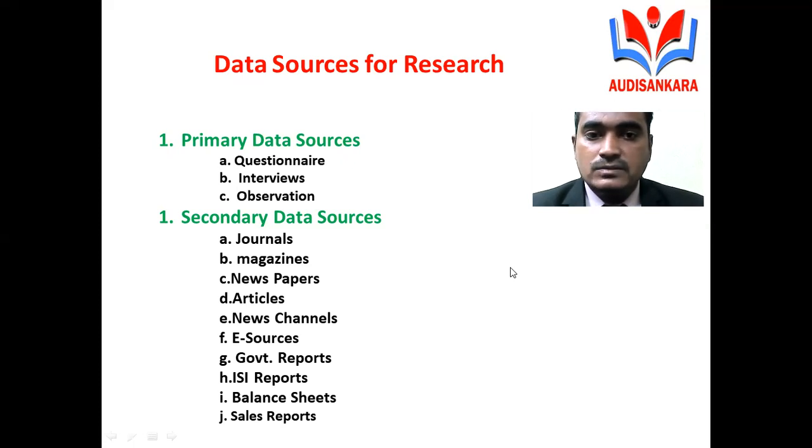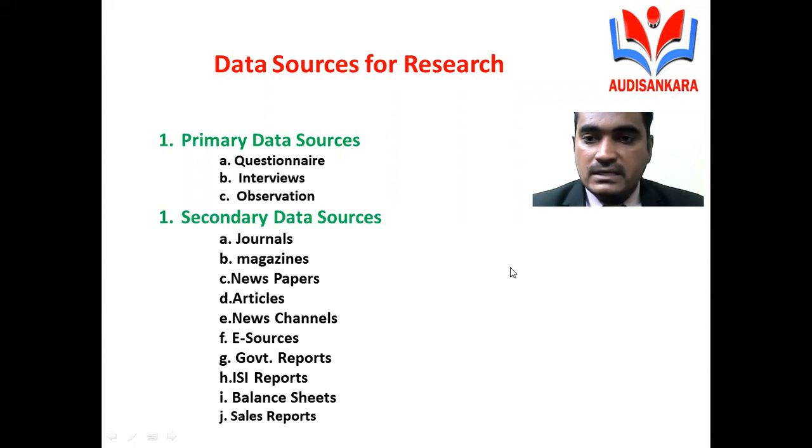A primary data source is a source where a researcher will collect the data with his own efforts. We call it a primary data source.